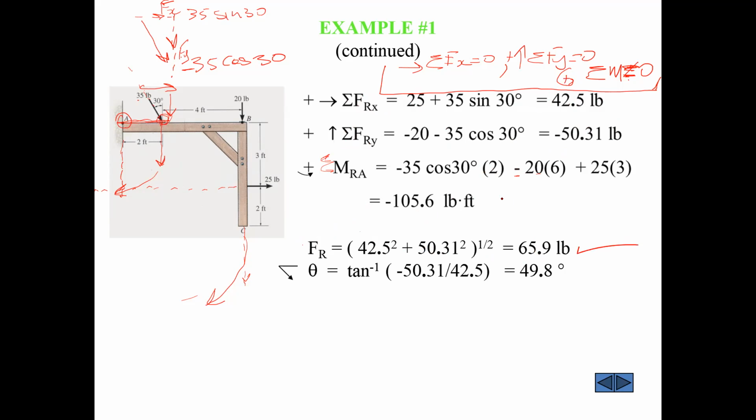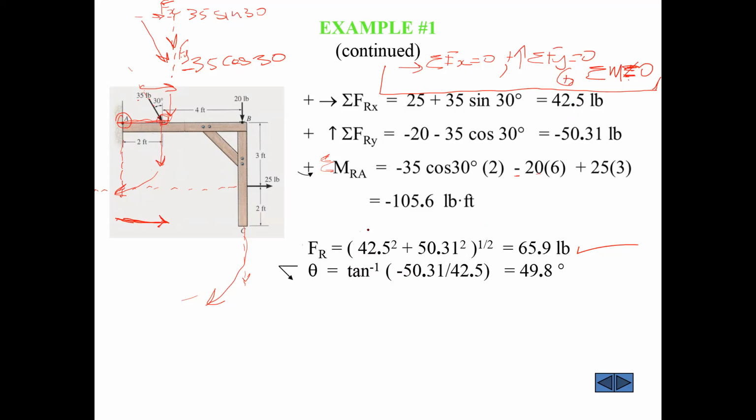But also, we want to find out the direction of that single force. How do we get this direction? If you look, we look at the two components. One way to do it is to sketch a little diagram. You draw a little triangle. So that is the horizontal. You have the 42.5 there in the x direction, positive x.